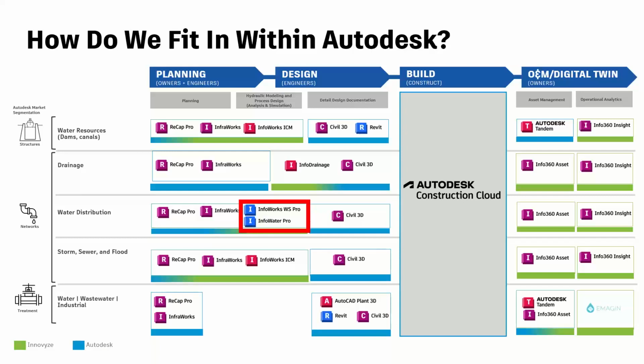You would use this to plan for water distribution systems, whether these are for water main extensions, new zones, merging zones, developer reviews, etc. This is the use case of InfoWater Pro, and this is where we fit in from the planning to operations cycle in the water industry. So again, we're going to primarily focus on the planning aspect of water distribution systems using InfoWater Pro.